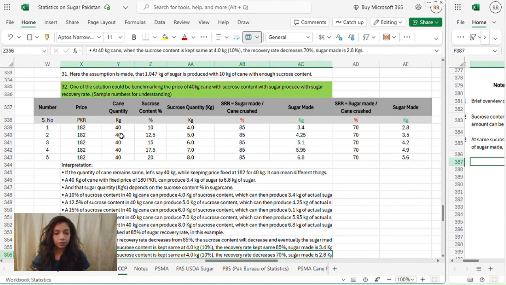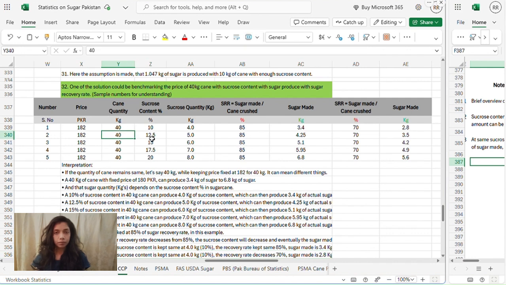So starting here, these are mostly sample numbers. This number, let's say, is usually the same. It's 182 per 40 kg of cane, indicated prices set by the governments, provincial governments.